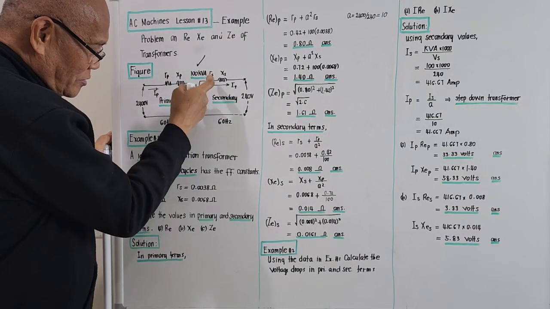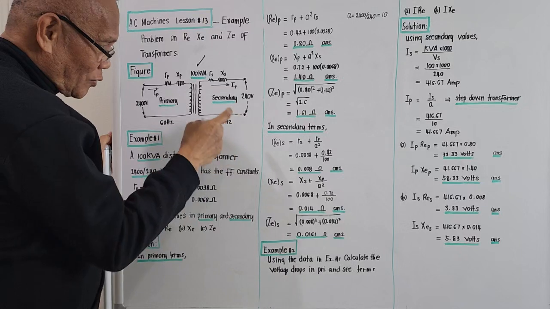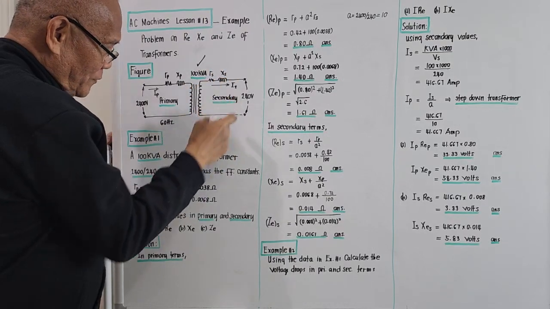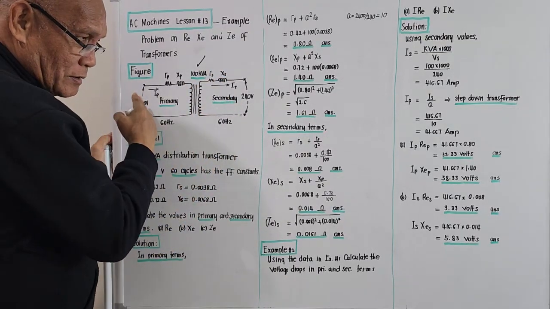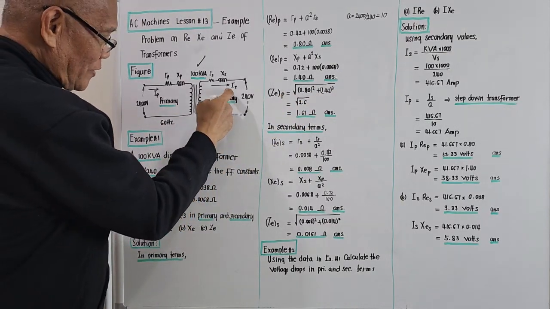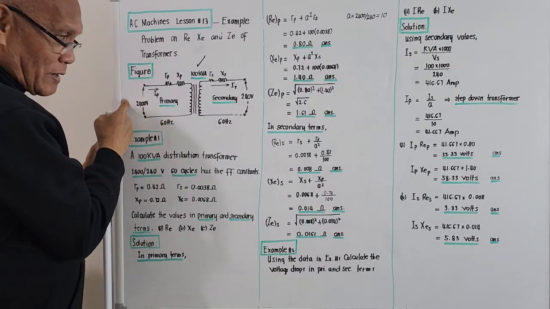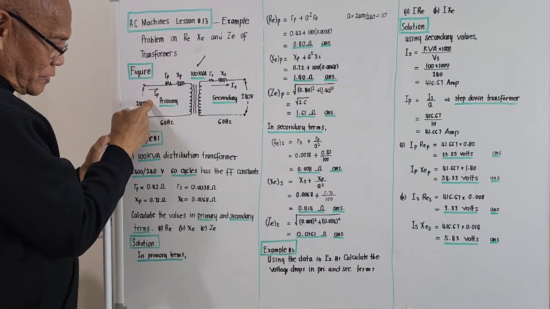Subscript S refers to secondary, and the next one will be reactance on the secondary. The current moving out from the secondary is I sub S, and the current coming in from the primary, coming from the transmission line, is I sub P.